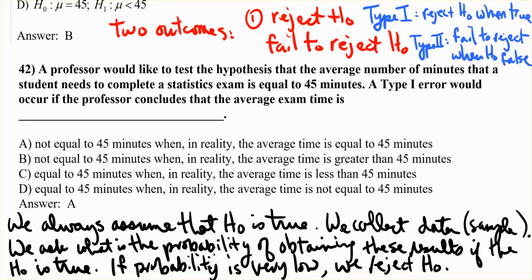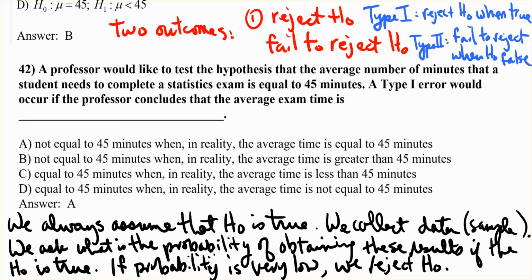And when we look at the results from that sample, we're either going to say that the value we obtained is so far away from what we assumed it to be that we're going to reject our assumptions, or the value we found was not so far away from what we assumed, and therefore we fail to reject our assumed value. So when we reject, there's a potential that we make a mistake, and that is a type 1 error.